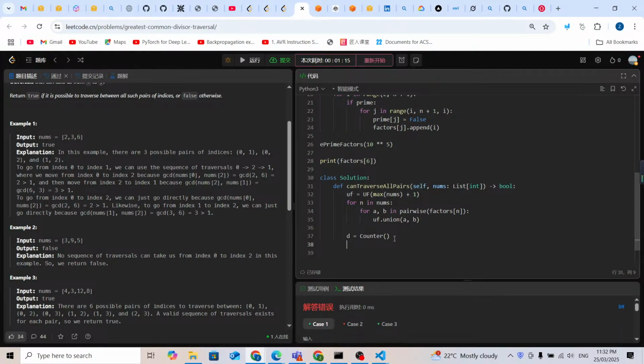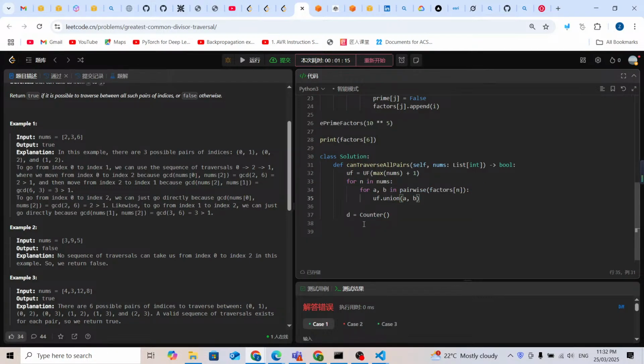I think I just need to check all those numbers one by one. So here I just connected all the prime factors, and I think it should be okay. Okay. Now I just need to check all those numbers to check if all of them are connected.